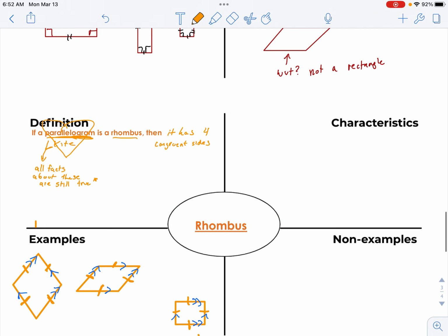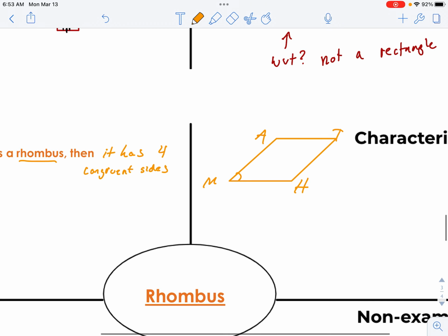All right, so going back to the rhombus. Let's see how good of a picture this is. Call this math. Okay, so I can say opposite angles are congruent.